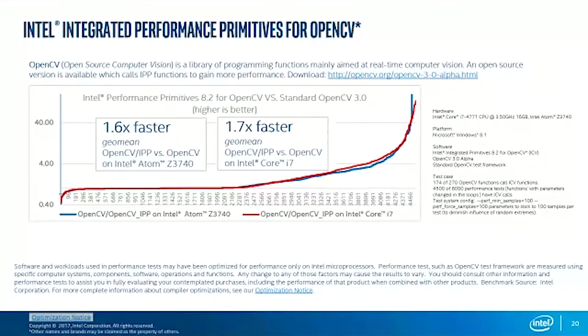And you can see from the horizontal axis, in more use cases, with zooming, you can achieve better performance with IPP compared to OpenCV without IPP. And the result is similar on both Intel Atom and Intel Core architecture.